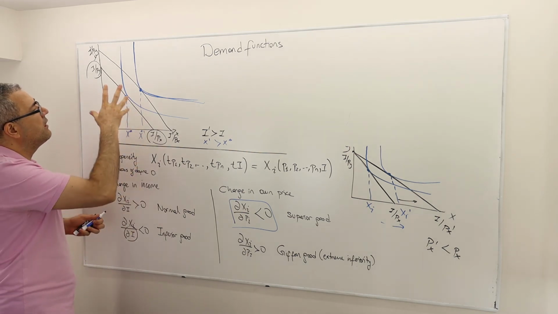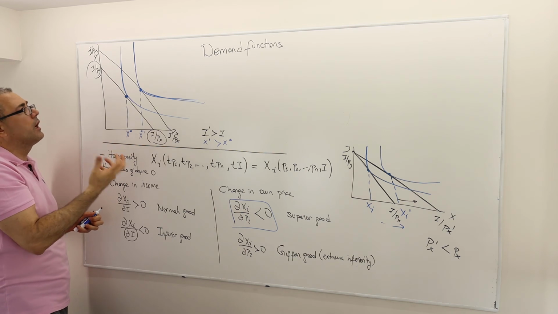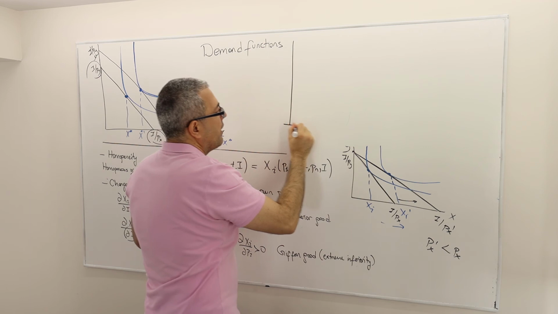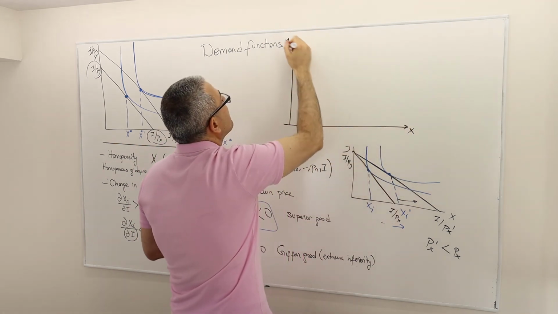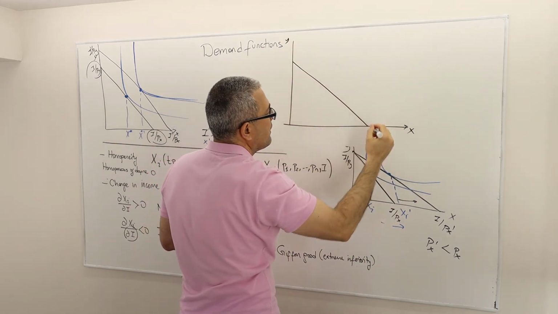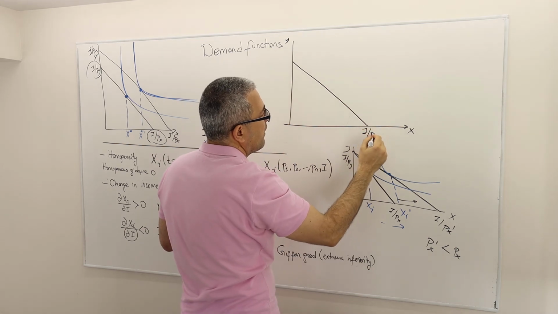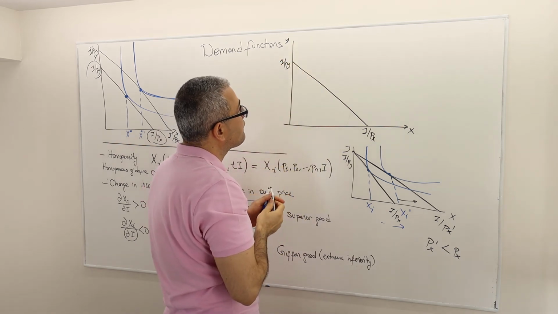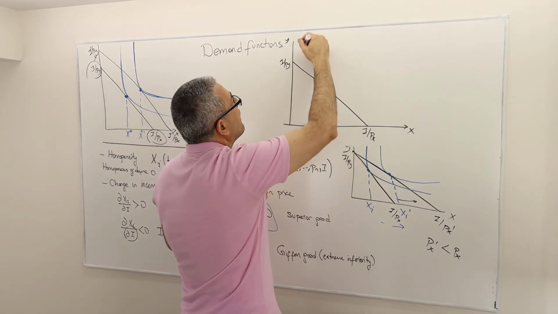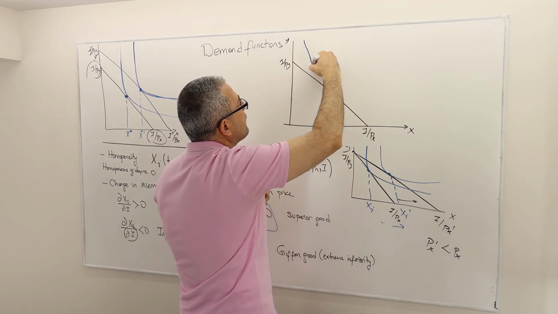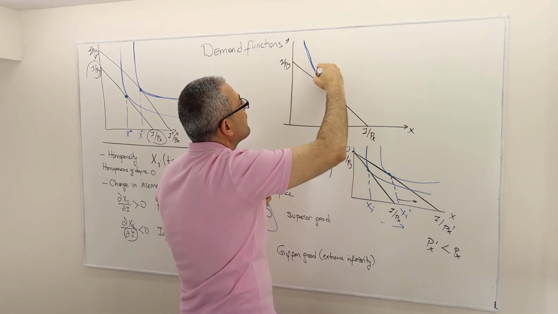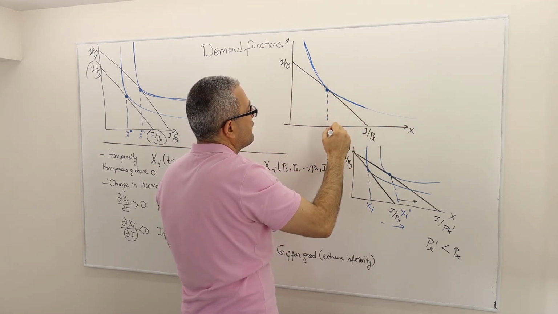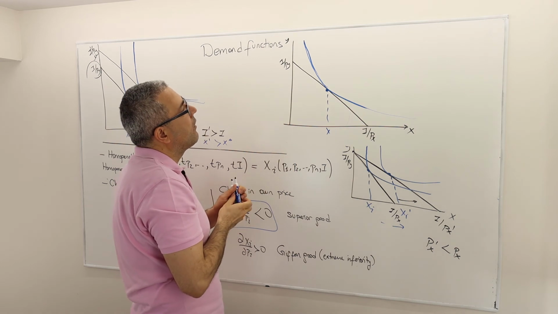What should the indifference curves look like so that I have this weird relationship? Once again, this is good X, this is good Y. Let's suppose this is my initial income divided by PX and income divided by PY. I'm going to have an indifference curve something like this, and this is the optimal bundle.